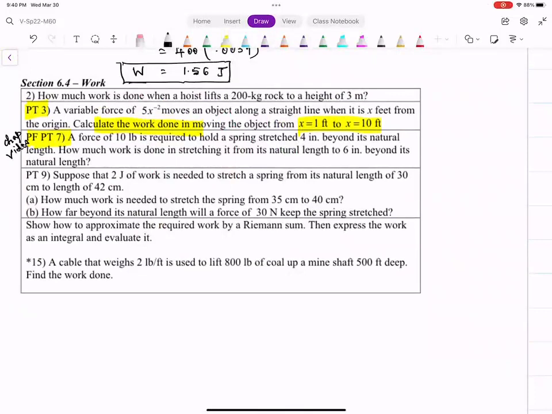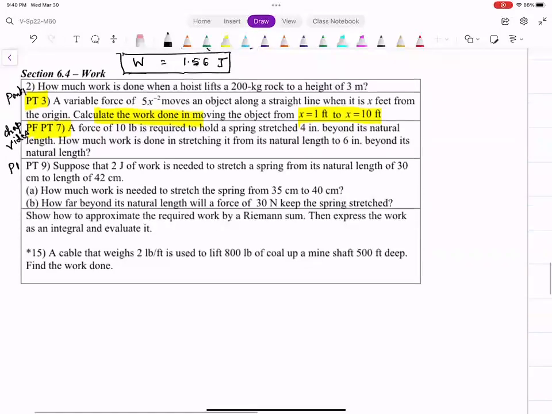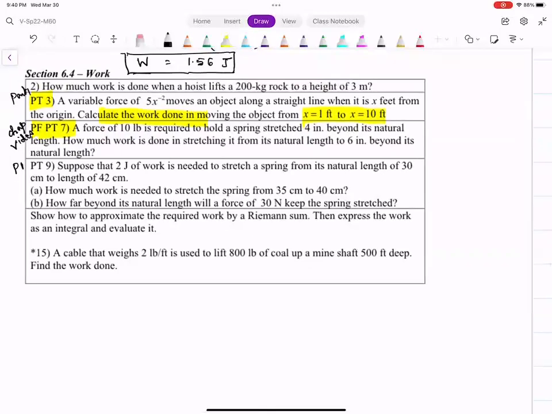Then 9 is done in this video. 3 is done in this video. And 15 is done in the chapter video. So you may want to verify these problems.